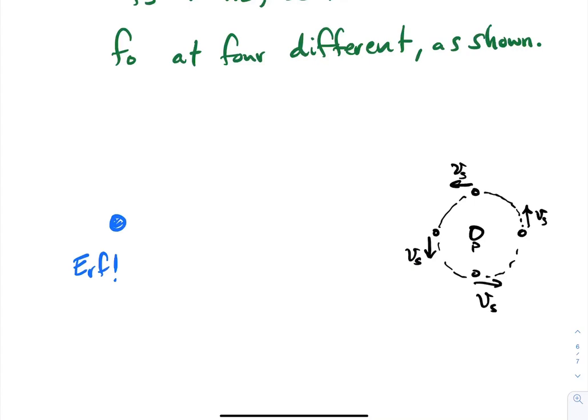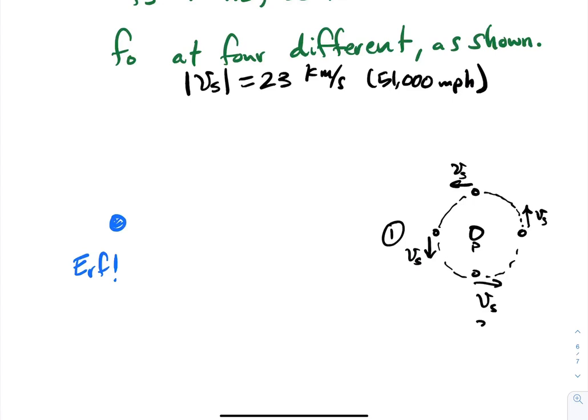We also know that V in general, the magnitude of the source velocity, is equal to 23 kilometers per second, which is approximately 51,000 miles per hour, in case you were wondering. It's really cruising along. We're assuming Earth is stationary at this point. And so what we need to do is figure out the observed frequency at 1, 2, 3, and 4.